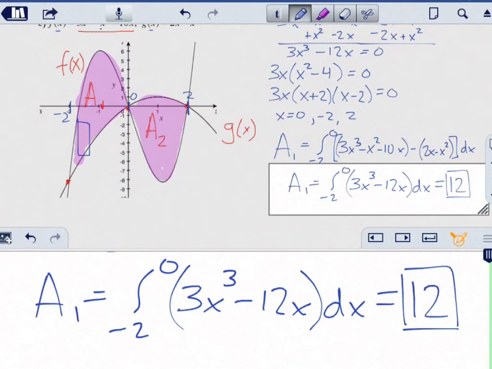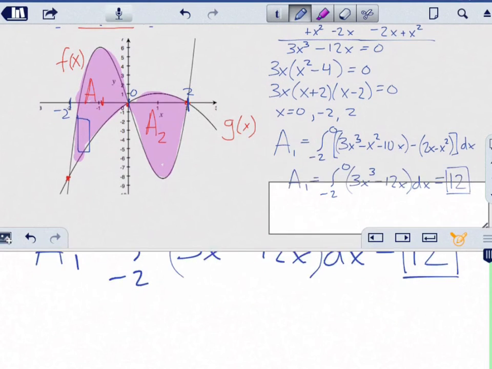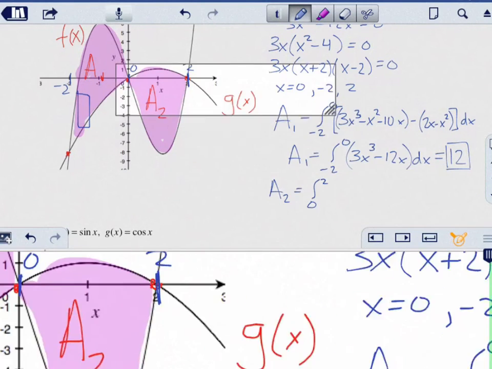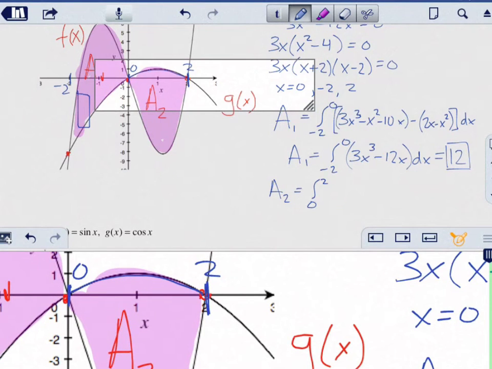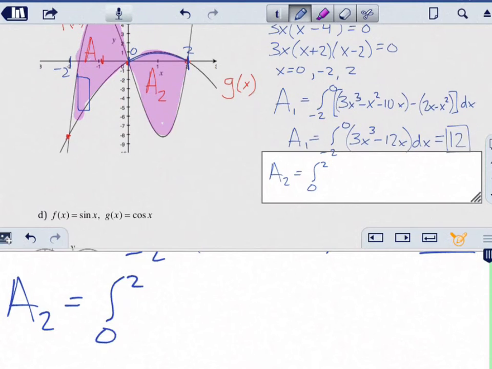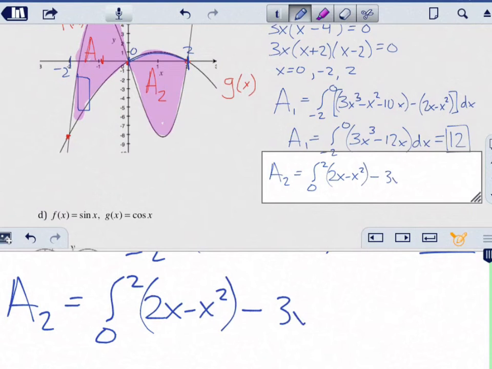And then let's go ahead and find A sub 2. Okay, so in this case, we're going to go from 0 to 2. And now, what is our top function? Well, our top function is going to be g of x. So now we get 2x minus x squared minus 3x cubed minus x squared minus 10x.